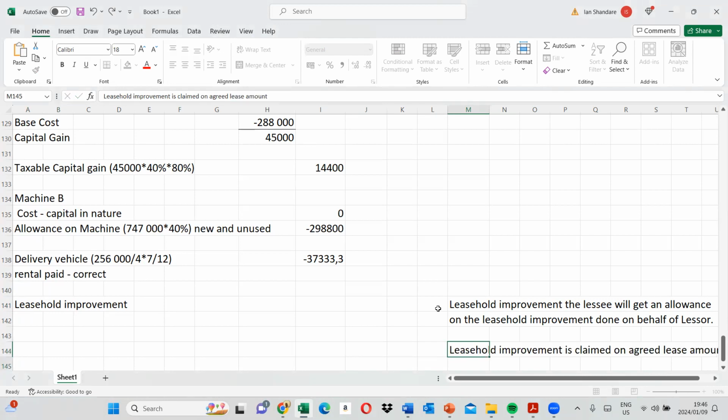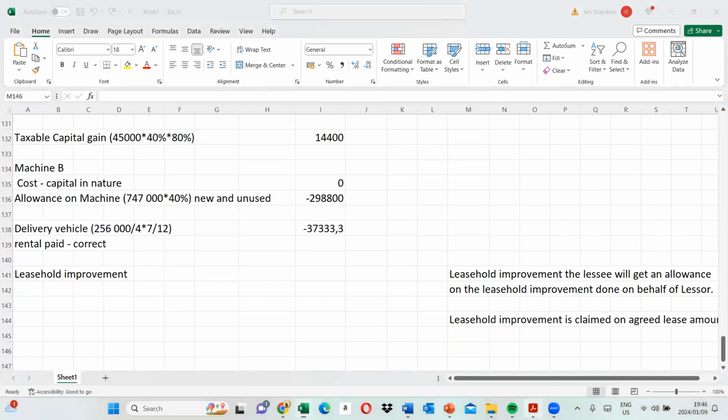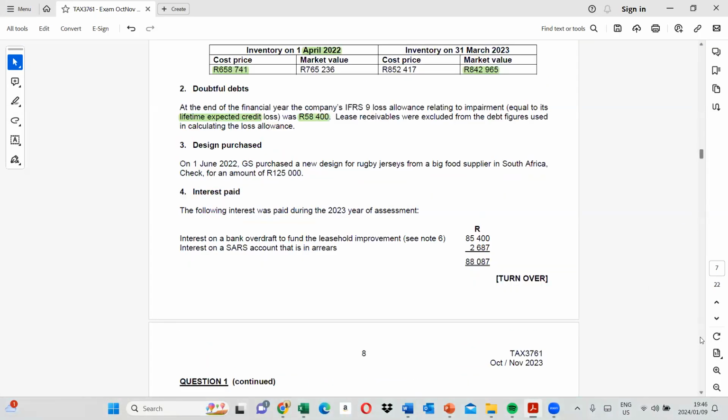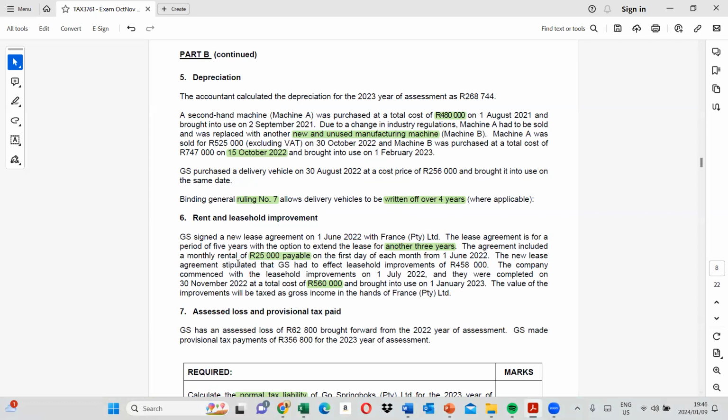All right, so you're going to find out now, in this case, the agreed lease amount between GS and France is how much. So they agreed that the improvement should cost 458. You see, but however, GS went on now to spend 560. So which means the leasehold improvement allowance is going to be calculated on the agreed amount.